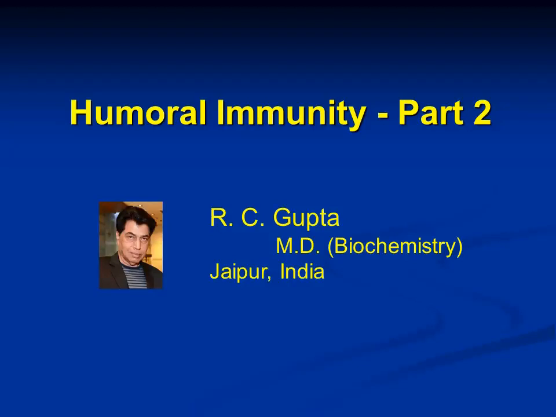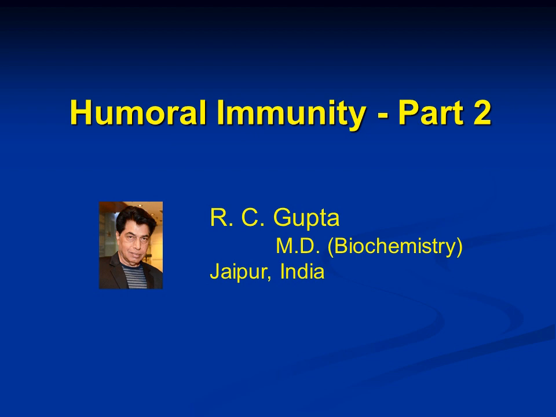We have seen in part 1 that humoral immunity is provided by proteins known as antibodies. Antibodies are proteins belonging to the globulin fraction of plasma proteins, and since they perform an immune function, they are also known as immunoglobulins.